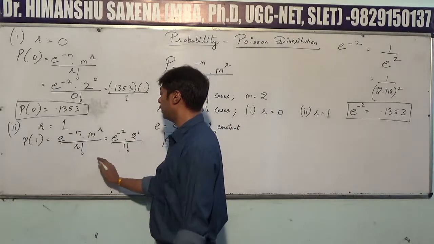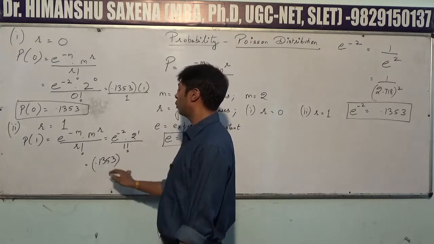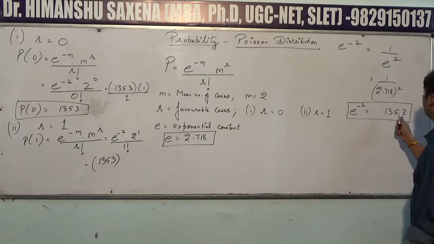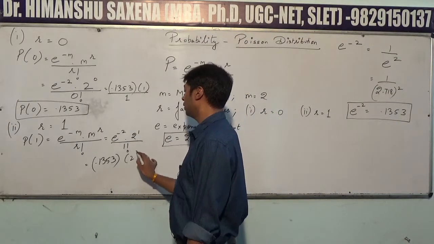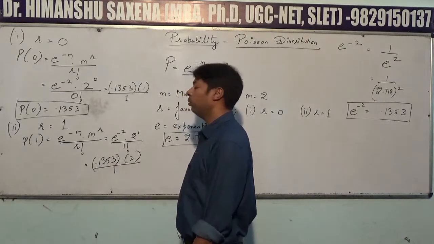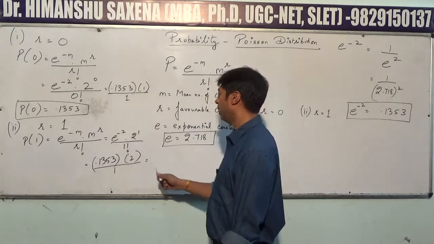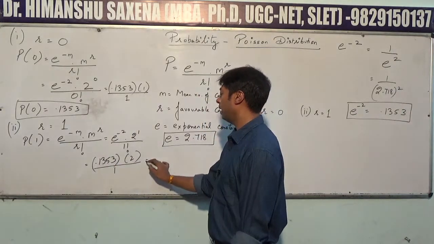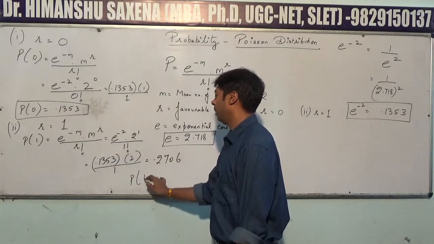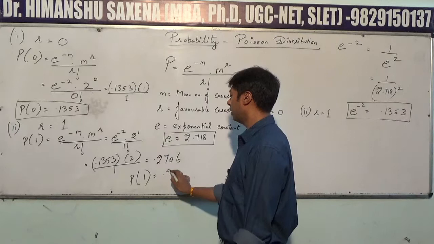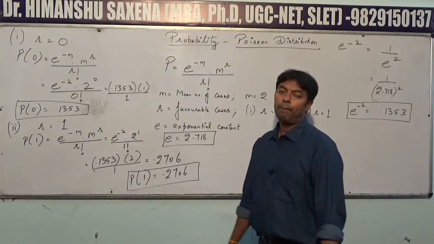Now solving this, e raised to the power minus 2 is 0.1353, explained to you initially. 0.1353 multiplied by 2 raised to the power 1, which is 2 only, and 1 factorial will give you the answer 1. Now 0.1353 multiplied by 2 will give you the answer 0.2706. So the probability that only one car is hired according to Poisson distribution will be equal to 0.2706.